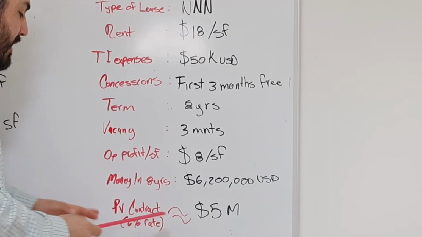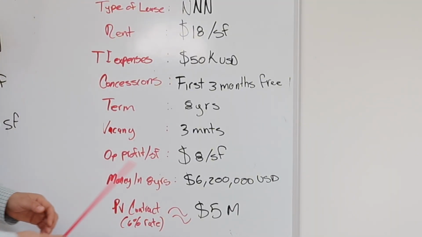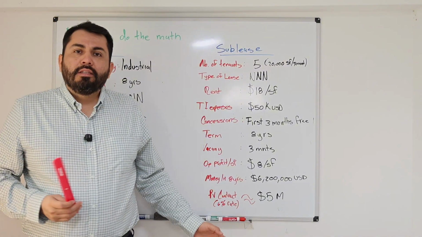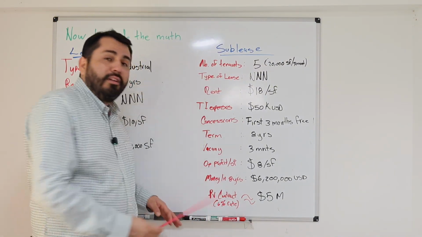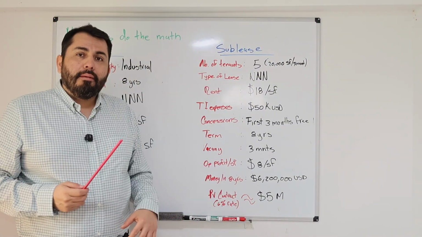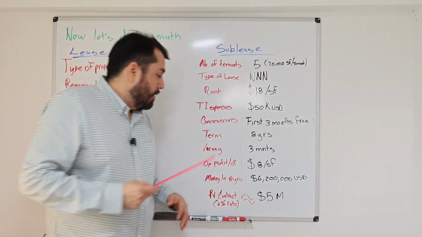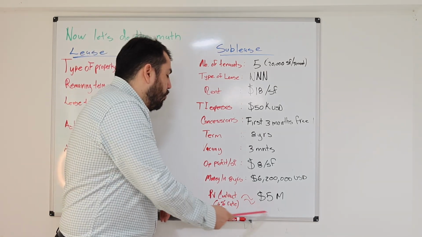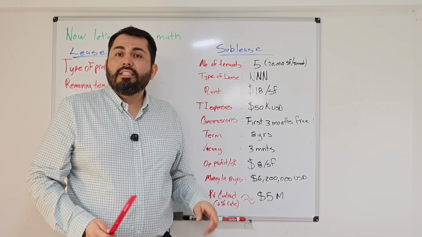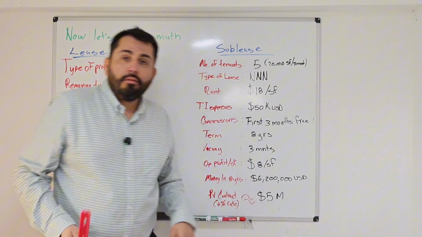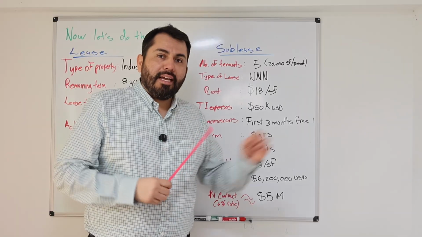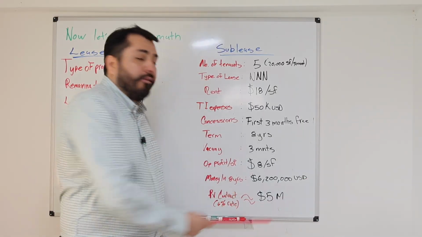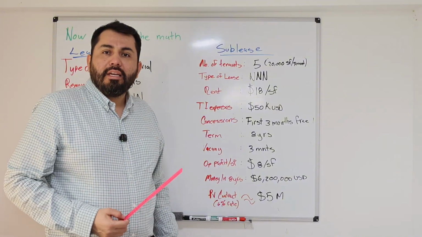So we need to set a rate for this calculation, and I set it at around 6%. This is the opportunity cost of bringing that money into our pockets. Okay, so in that case, with a 6% rate, we are valuing the lease contract at 5 million. So if we want to assign the contract, we can ask 5 million right now from a new investor.